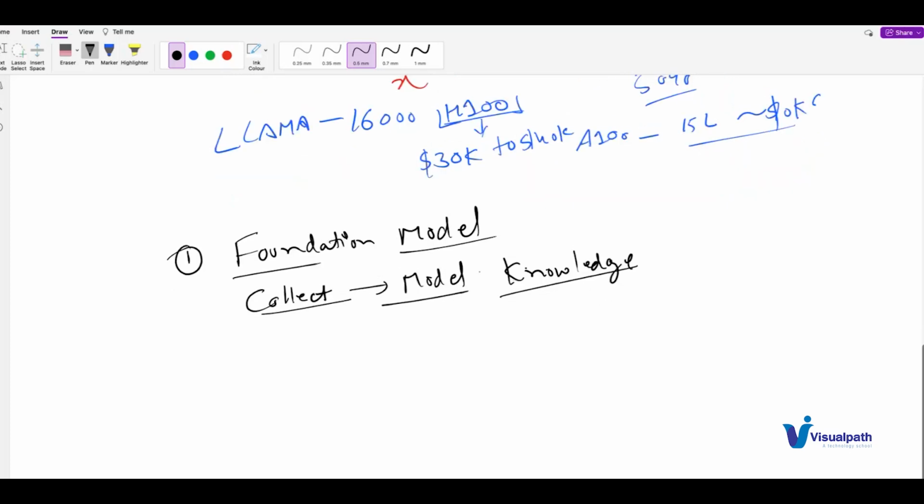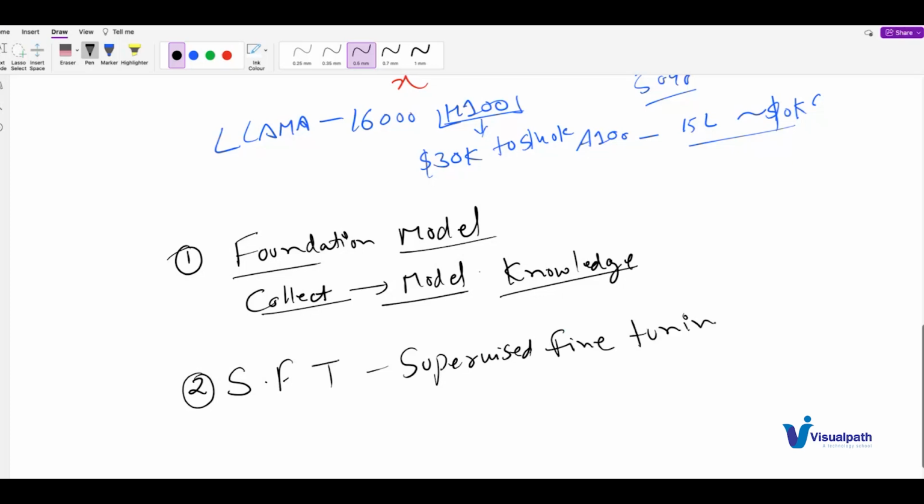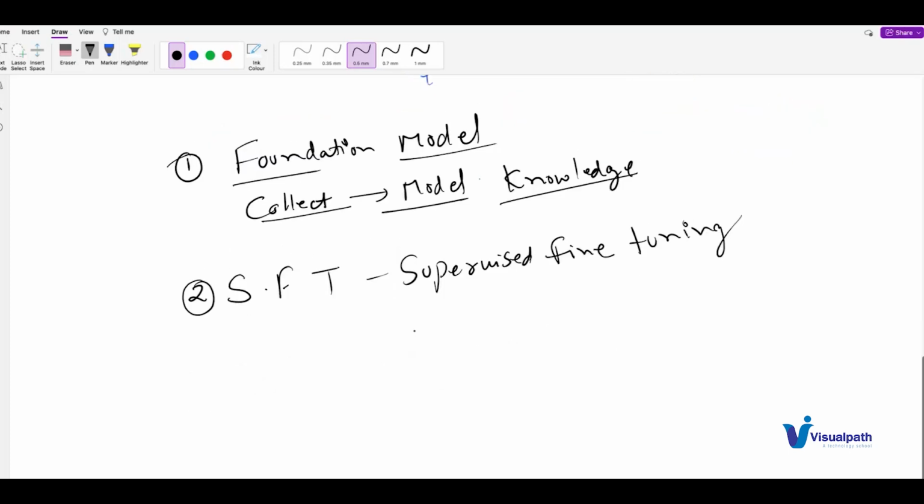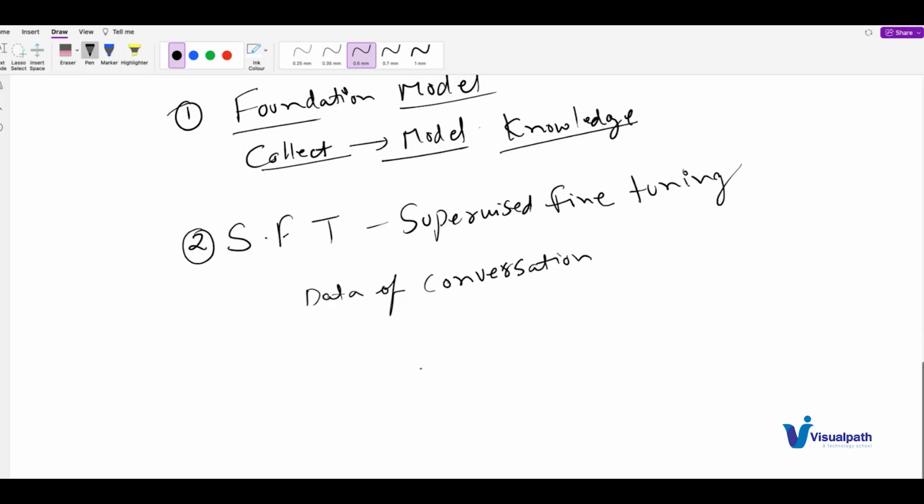Now, to build that capability, we go to the second step, which is called SFT, supervised fine tuning. In supervised fine tuning, we build a data set of conversations. A person like you and me, who has expertise in that, creates the user question and the response.